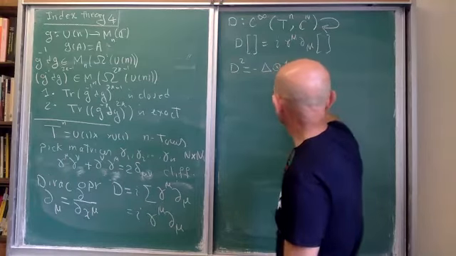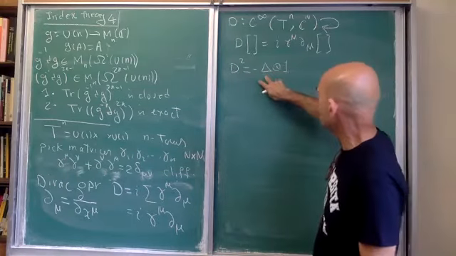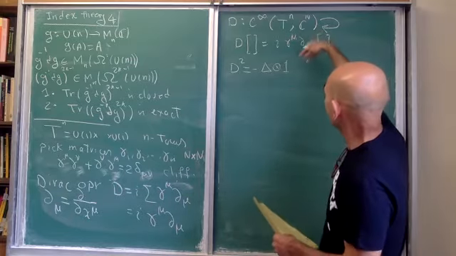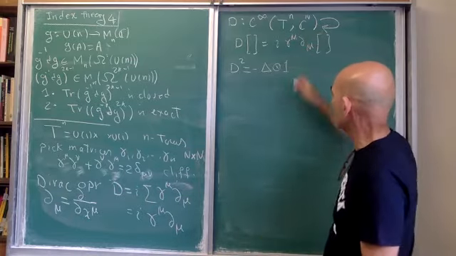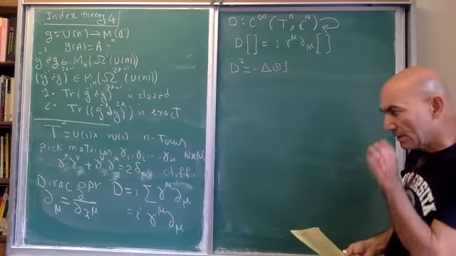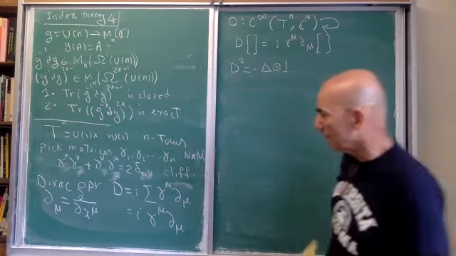So this is a scalar Laplacian, but then you have to inflate it to a vector Laplacian, which I denoted by this. Okay, now this operator D, in fact, is self-adjoint.